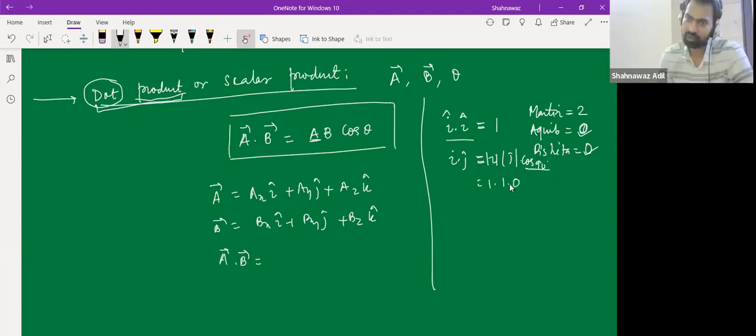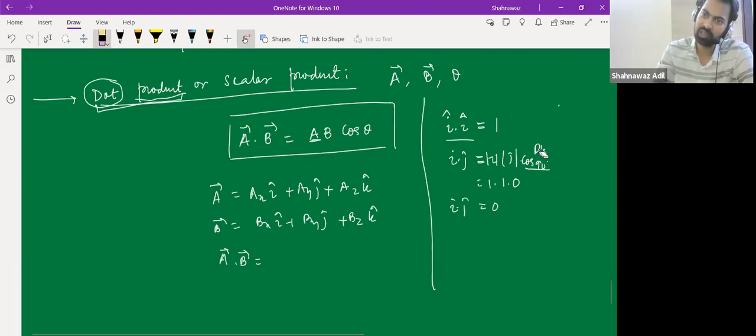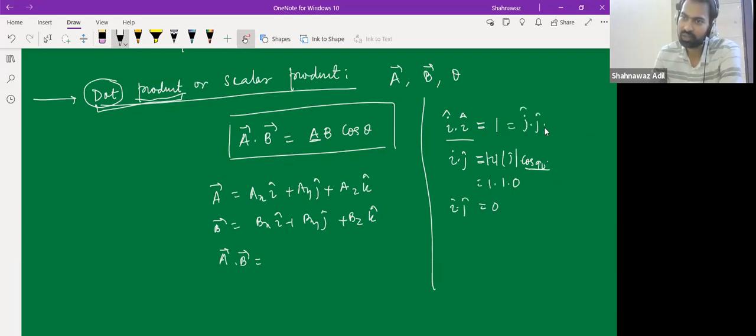So this is 0 multiplied with 1. So understood, i dot j is 0. Similarly i dot k, j dot i, k dot i, and whatever the scenarios are. So i dot i is equal to j dot j and equal to k dot k. In dot product, just remember this one.